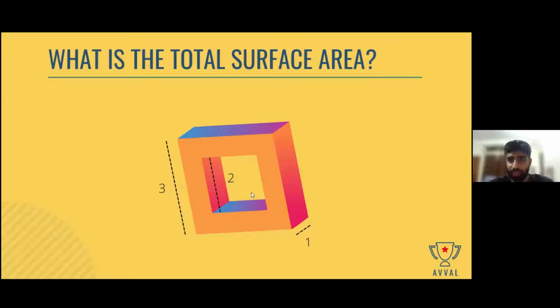So 4 2s are 8. Okay, that's number 2. And number 3, the outer sides, the length is 3 and the width is 1. So 3 1s are 3, 3 times 1. The area of one side is 3, so the area of 4 sides would be 3 4s are 12.